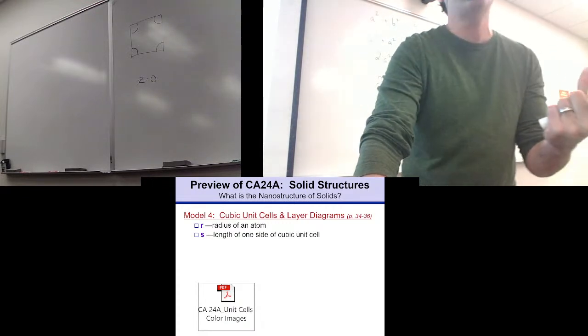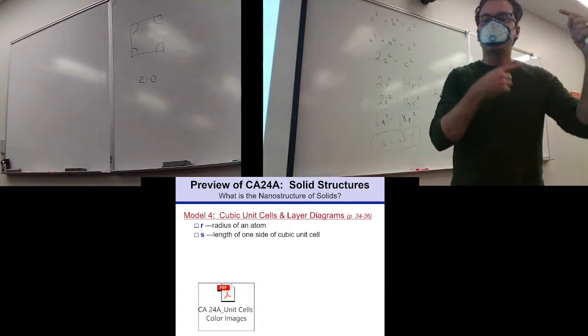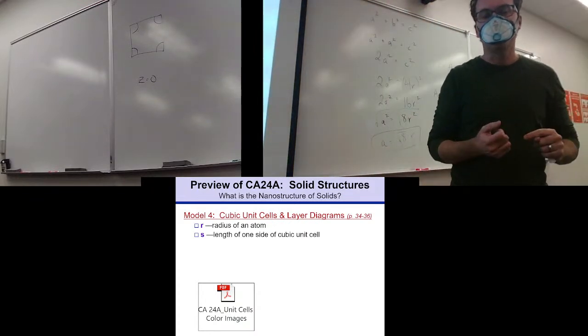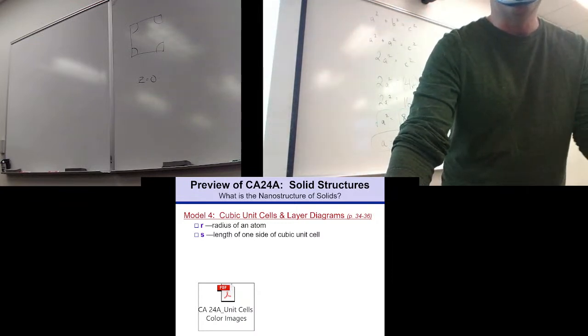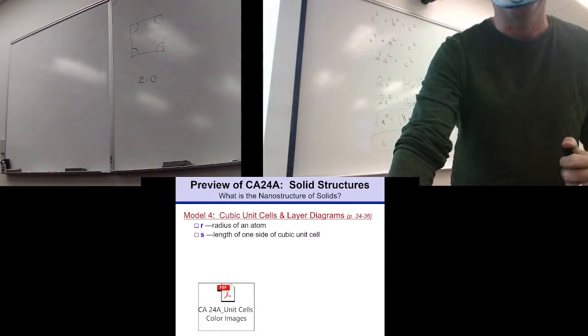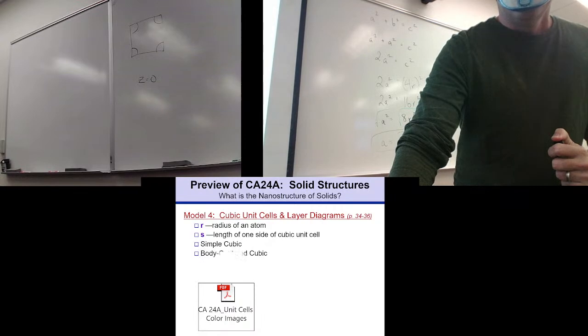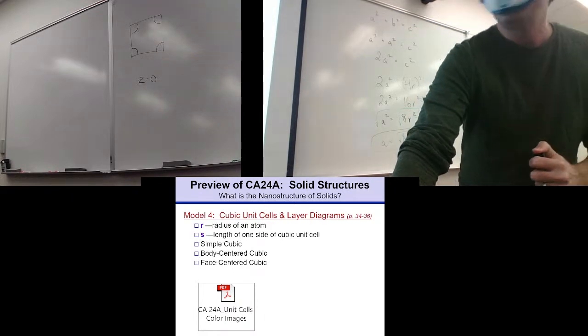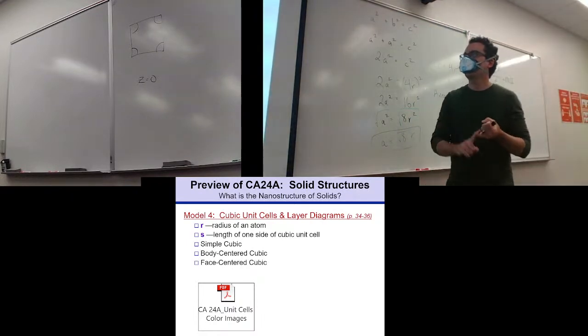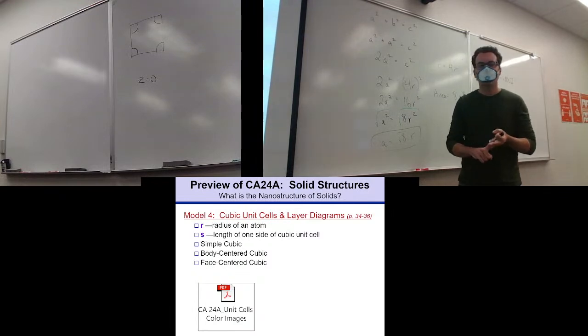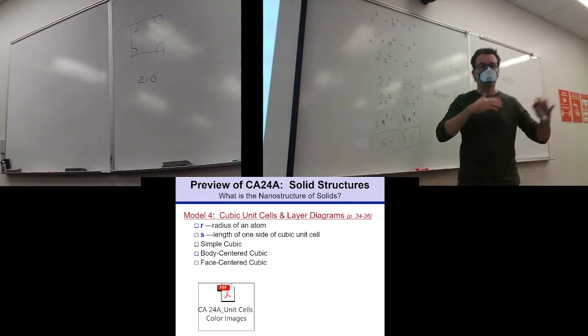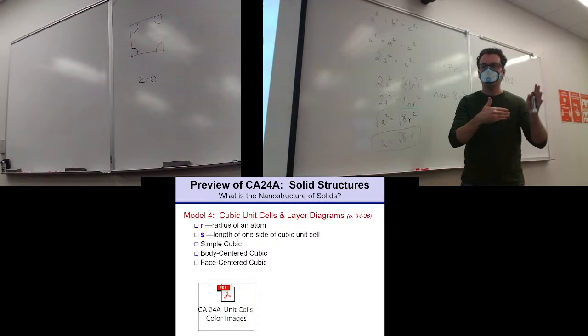When you see S, that's defined as the length of one side of the unit cell. And we're only doing cubes, so length, width, and height are the same thing, okay? So you're going to have different equations, whether it's simple cubic, body-centered cubic, or face-centered cubic. Just like with the 2D structure, we came up with different ways to calculate the length of a side.